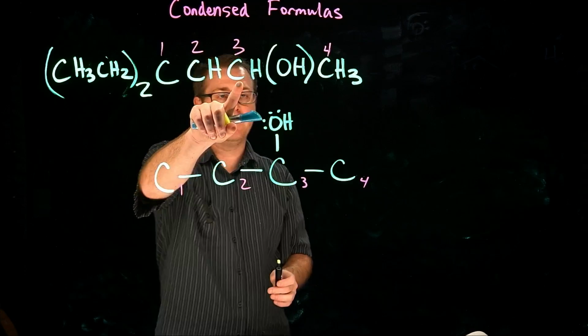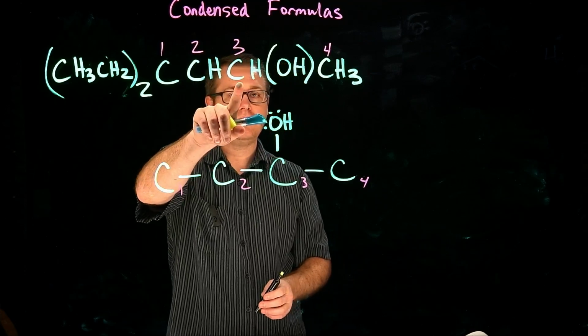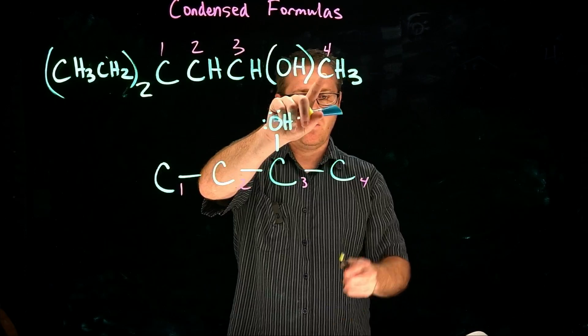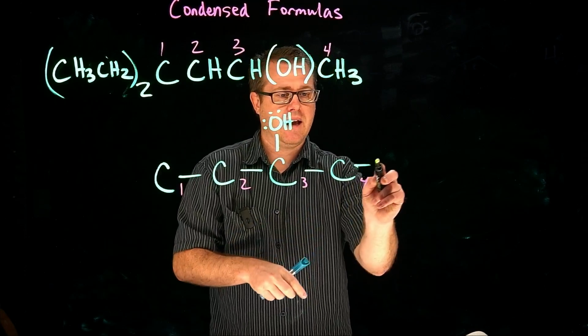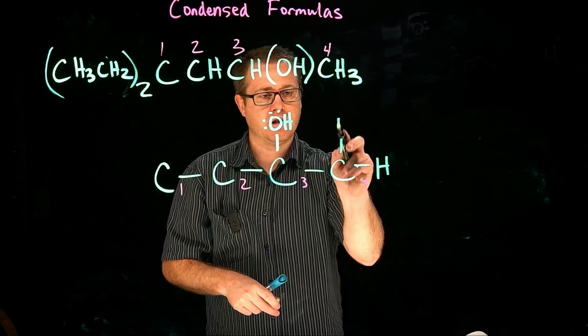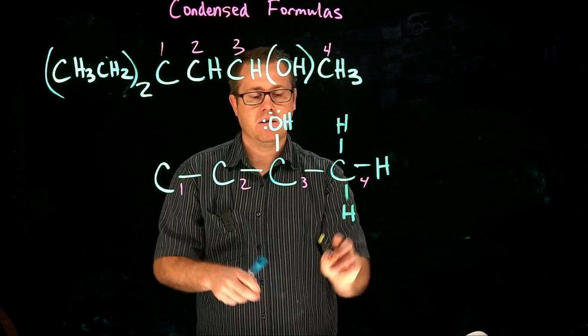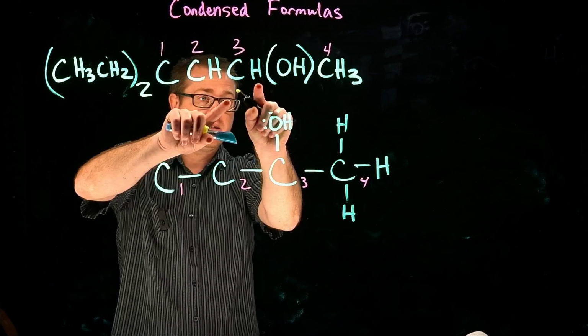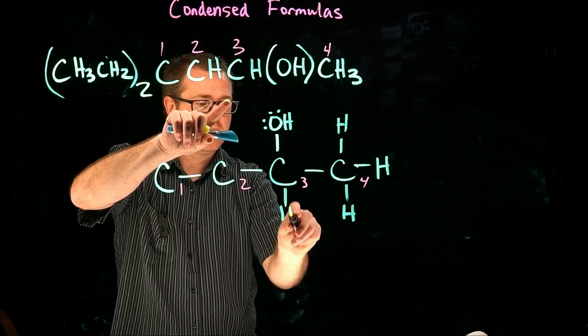And the oxygen will have to have 2 lone pairs. Carbon 4, we see has 3 hydrogens here. Carbon 3 has this hydrogen right there.